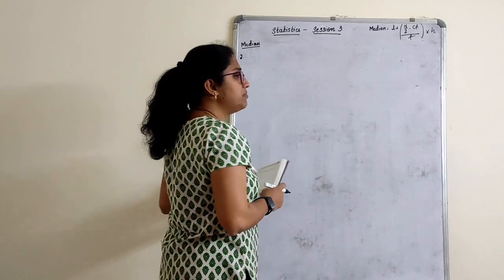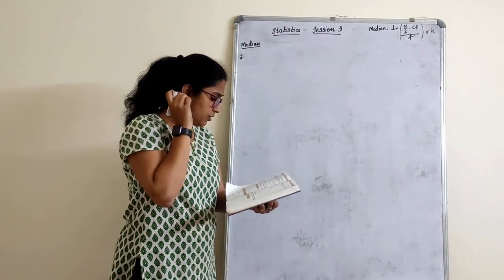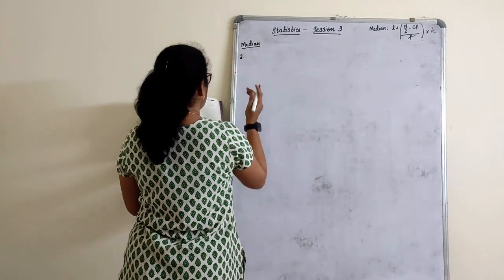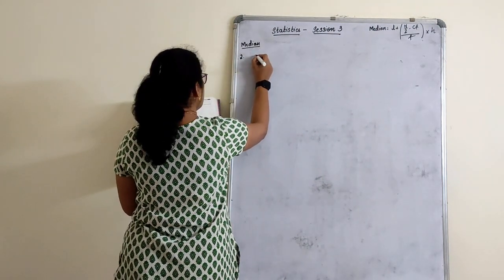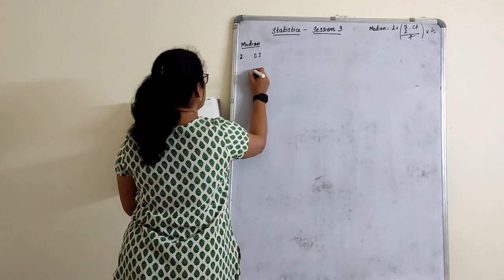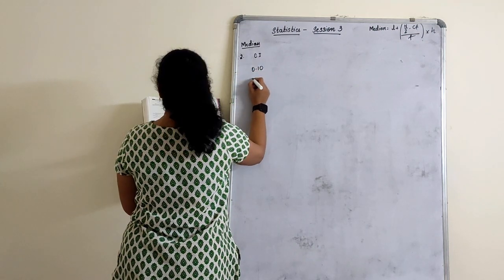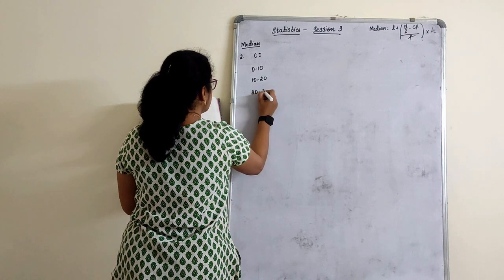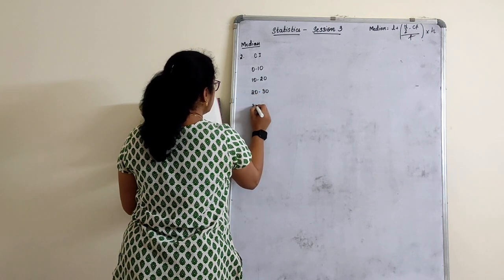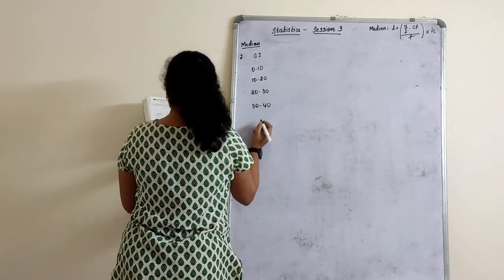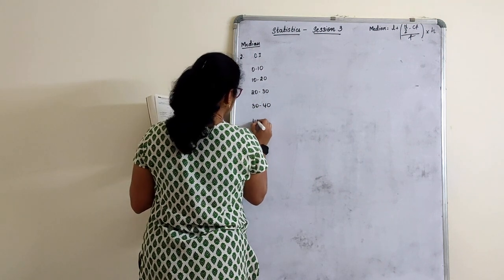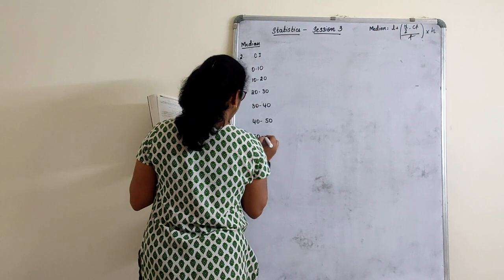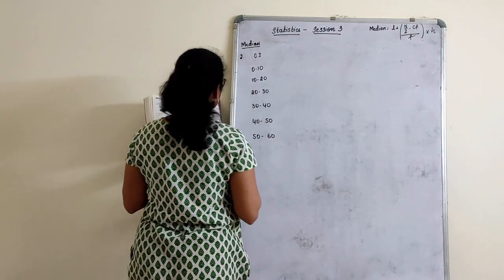They have again told you mean, median, mode. I have already explained what you have to do. So the median of the distribution given below, they have given us the median. Class intervals are given directly: 0 to 10, 10 to 20, 20 to 30, 30 to 40, 40 to 50 and 50 to 60.